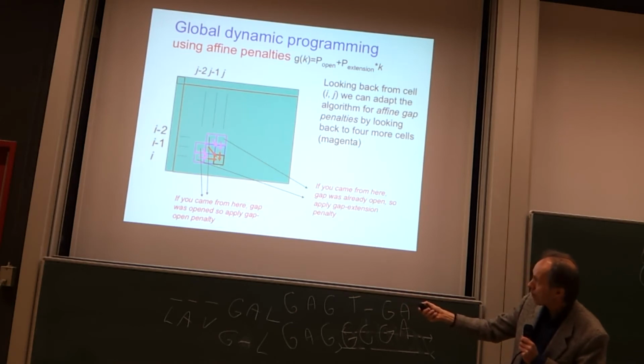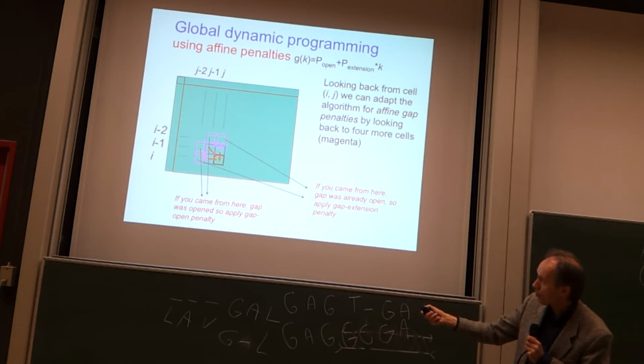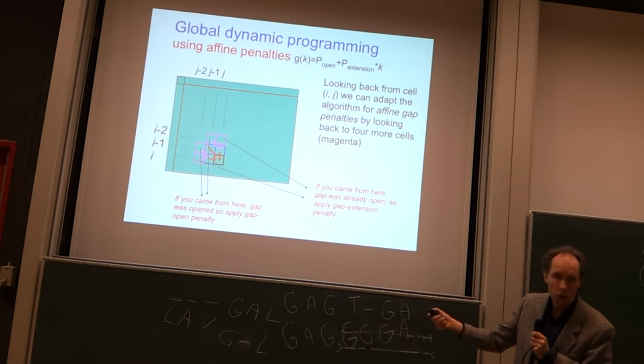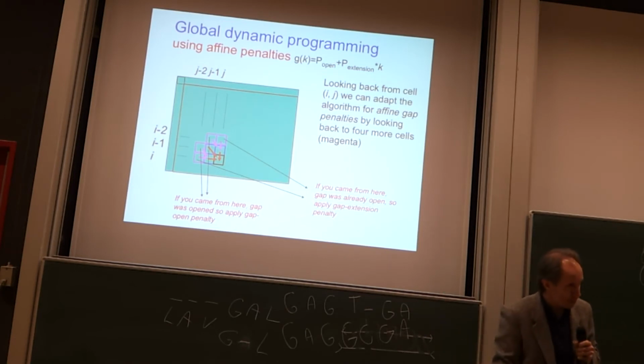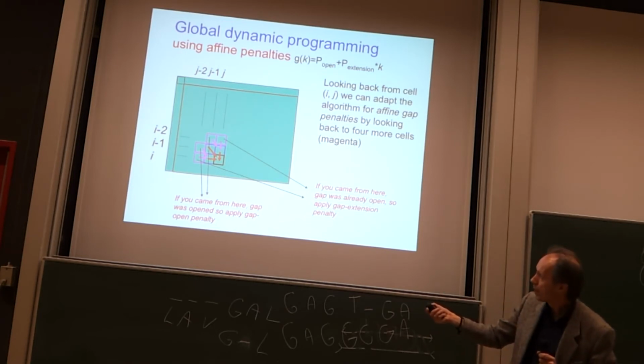If you say coming from here means this is a gap, you want to find out, is this a starting gap, or an extension gap, so not the first position, but a later position. Then you check whether this cell comes from the top or diagonally, because if you come from here, that means this was two letters on top, so this means the first gap.